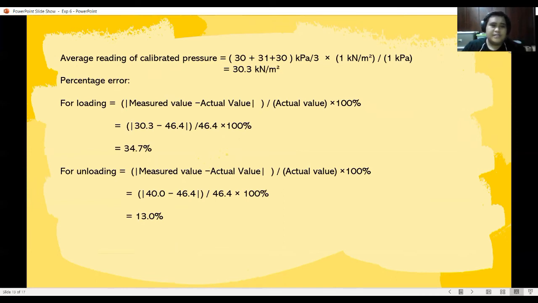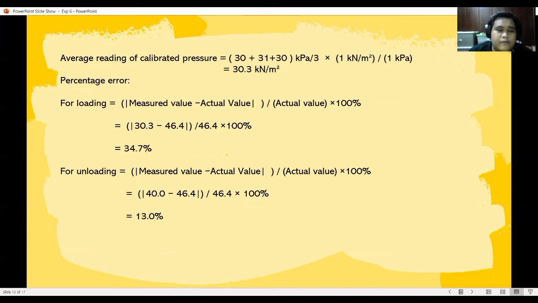So the percentage error for the loading measure value is modulus of measured value minus actual value divided by actual value times 100%. So modulus 30.3 minus 46.4 divided by 46.4 times 100%.